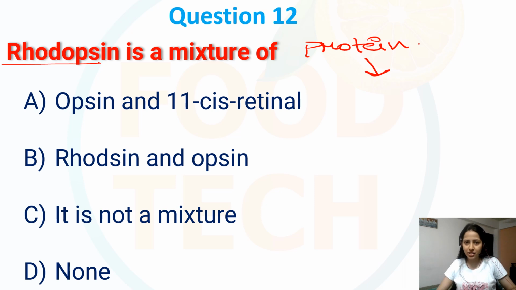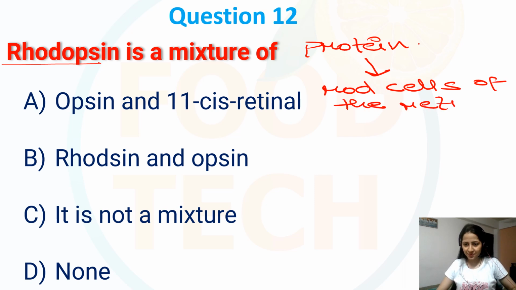And this is essential for low light conditions, and it consists of two main components.